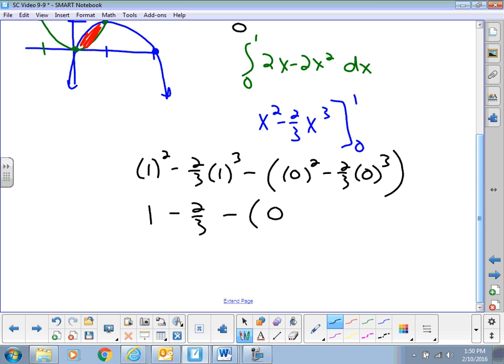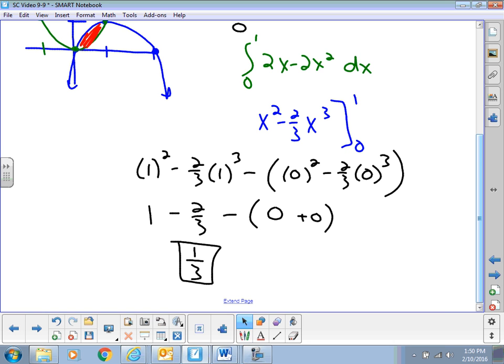And we'll have 0 for each of the others. So this will end up just giving us 1/3. So our red area there between 2x minus x squared and x squared is really just 1/3.